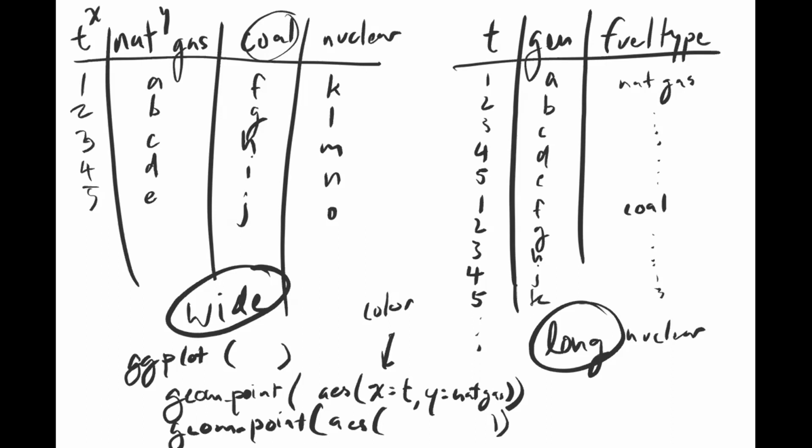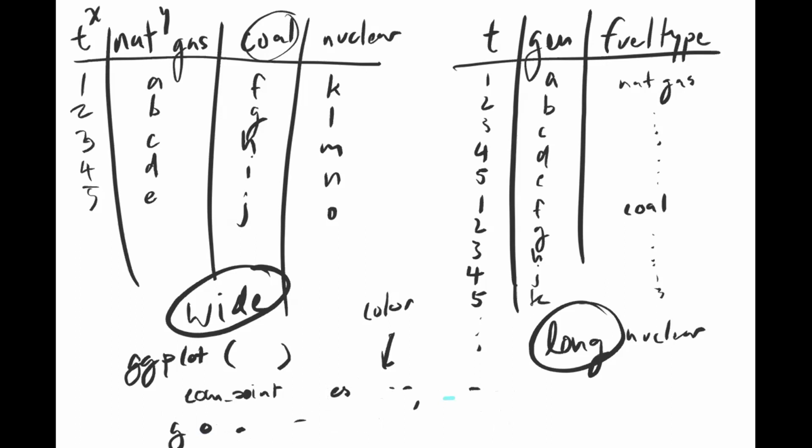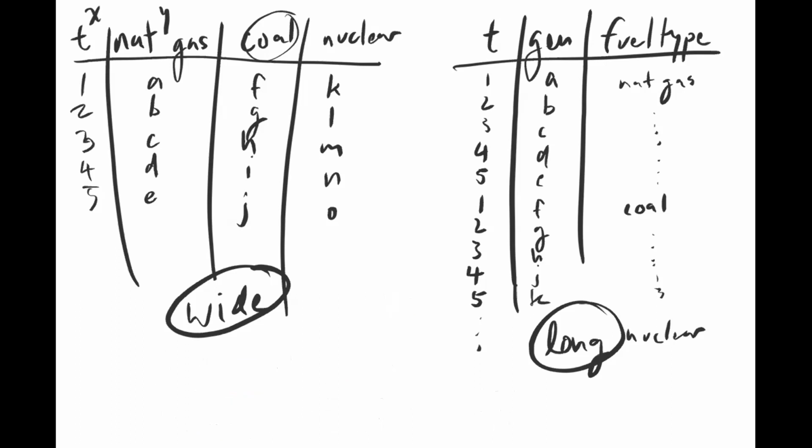That makes sense. That's why I suggest the long format. With ggplot, now it's x equals T, y equals gen.